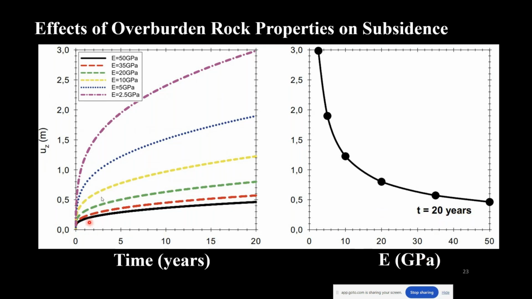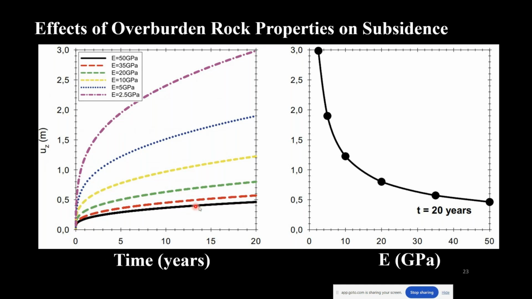So as we can see, the softer the overburden rock, the larger are the deformation rates, displacement rates, right? And this is because of the efficiency of the overburden rock.